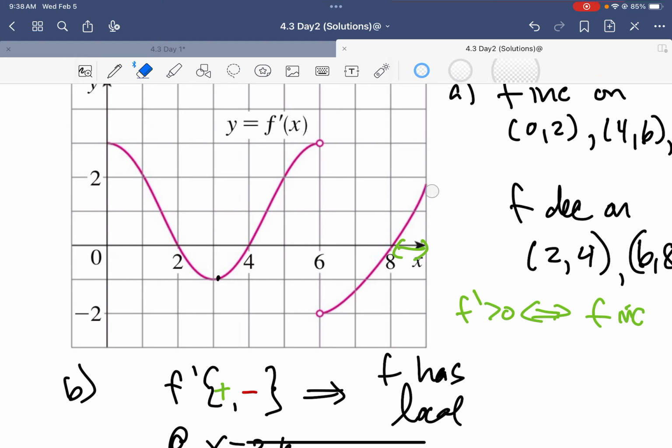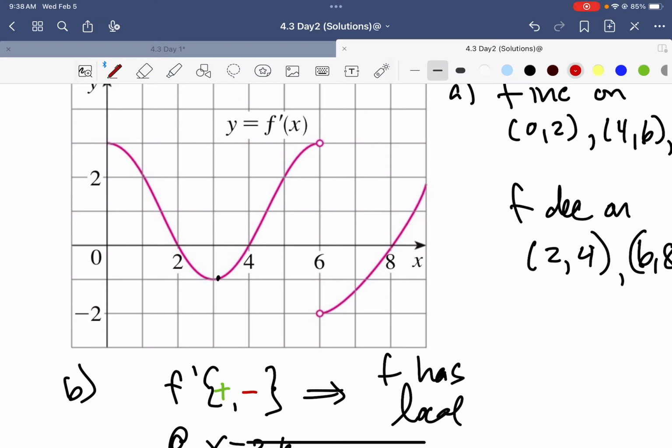Then if you ask me, where is f decreasing? I say, well, where is f prime negative? Where f prime is negative, that's where f is decreasing. So f prime is negative over here and over here. So your original function f is decreasing for these x values.